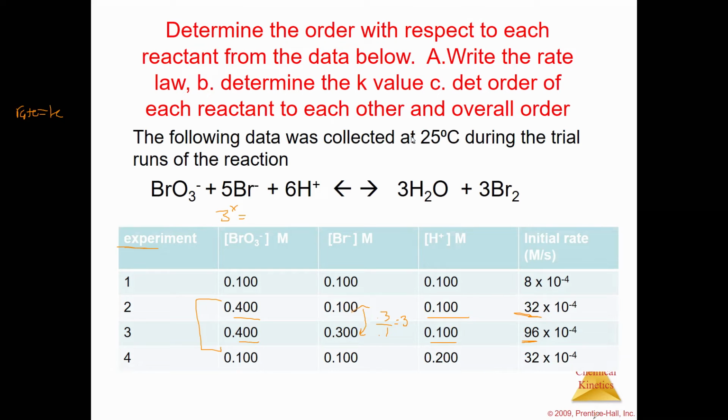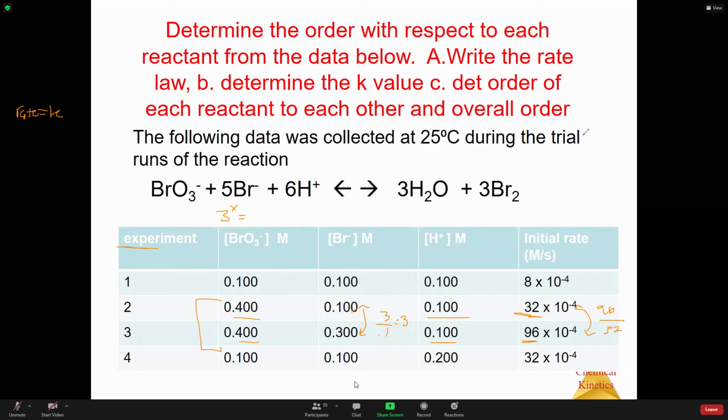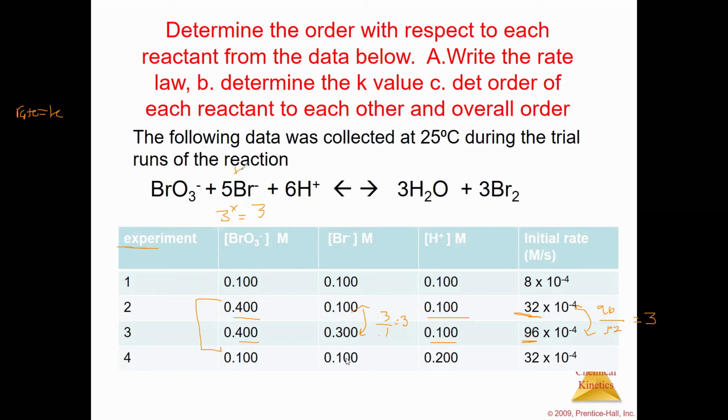Top and bottom. All right, what's 96 divided by 32? Yeah, that's equal to 3. So we're going to do 3 to the x equals 3. So this one is first order.